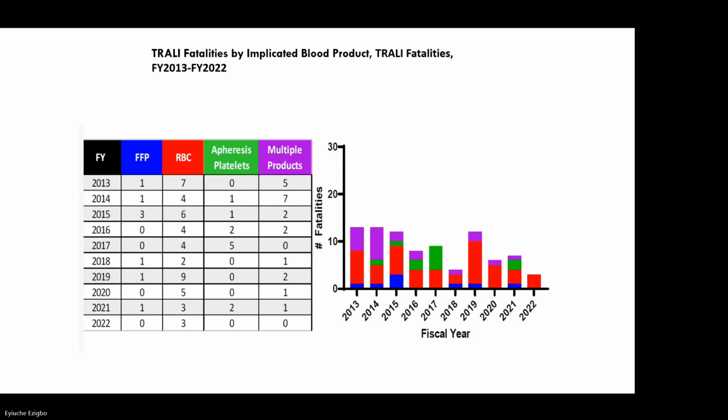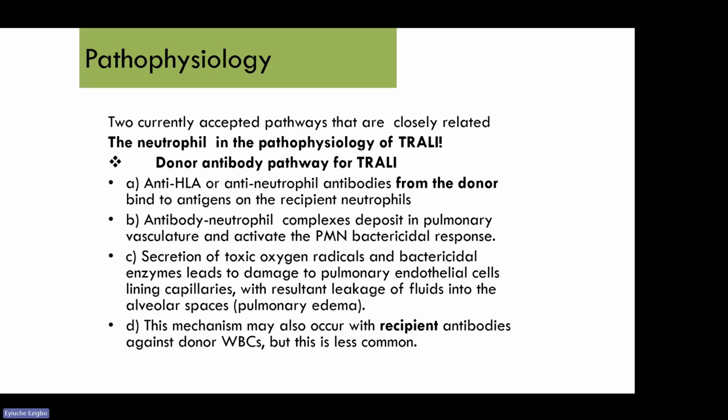So what is the disease mechanism of this TRALI? Why should transfusion-related acute lung injury occur? Currently, there are two acceptable pathways that try to explain the pathophysiology of TRALI.